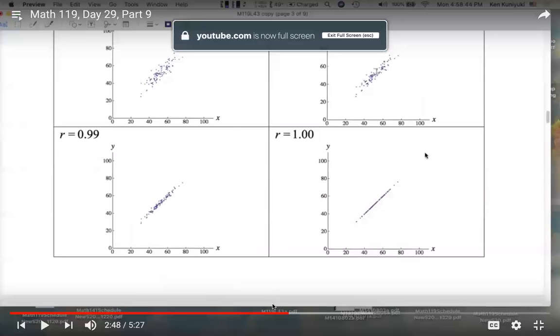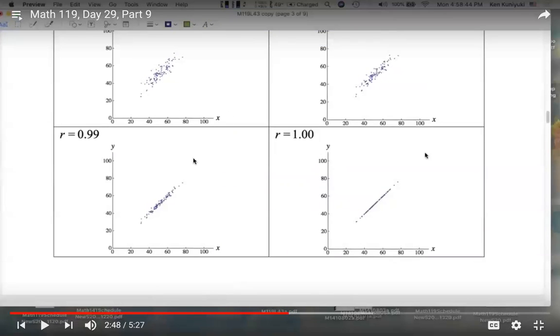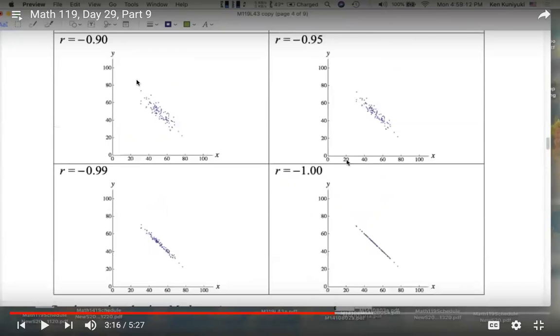For example, here are positive values of R or rho. Remember, R is a sample statistic. Rho is a population parameter if you have all the people in the class. Positive values of R give a general linear trend up. And for very negative values of R, you have a general linear trend down. That's the kind of thing I test on: getting a sense of what these values of R or rho could look like.